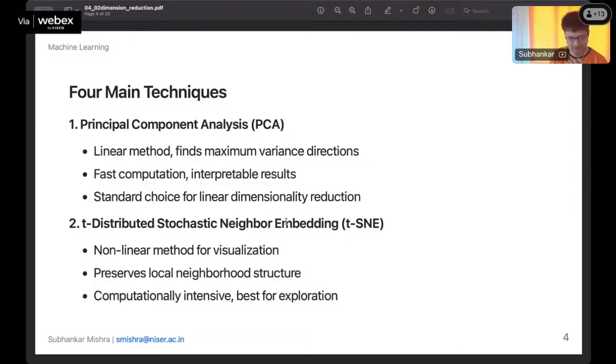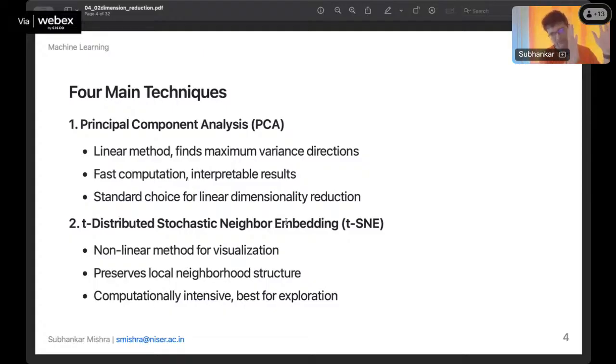But this line is important: it preserves local neighborhood structure. That means if a few points in a 1,000 dimensional space are close, and we want to reduce it to a 2 dimensional space, they have to also be close in the 2 dimensional space. That's all it says. It's preserving local neighborhood structure.